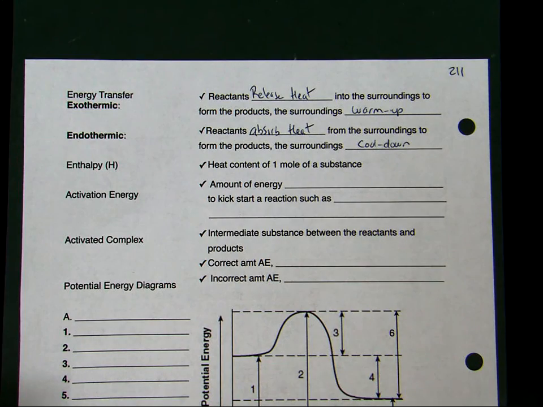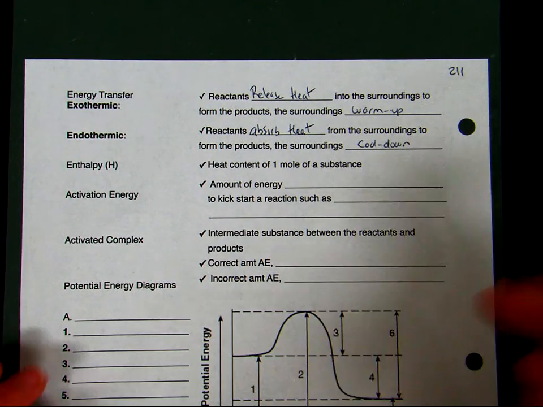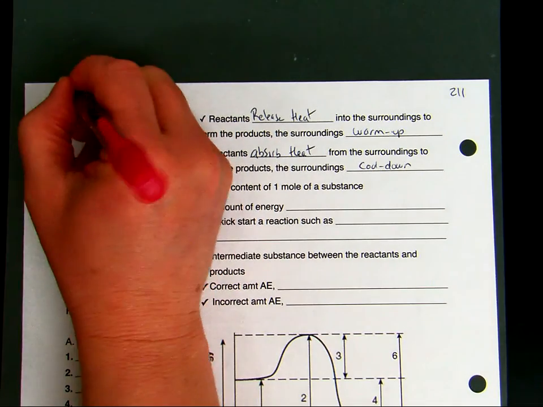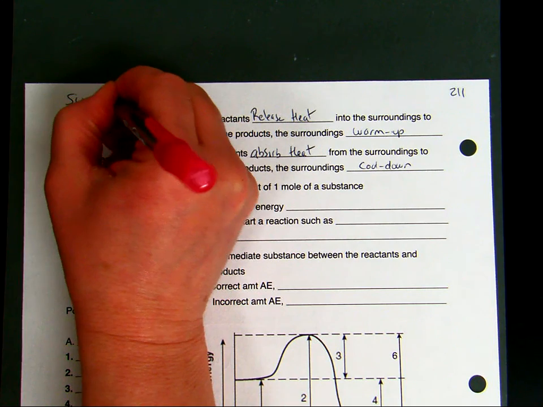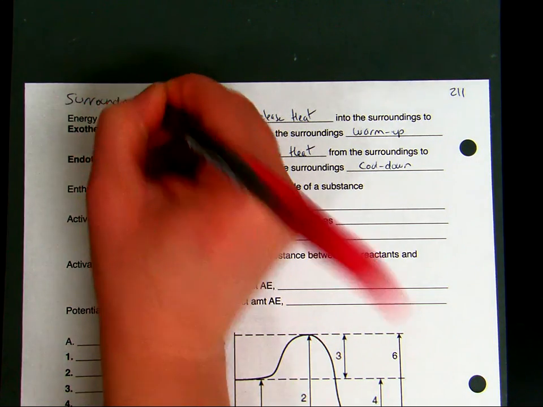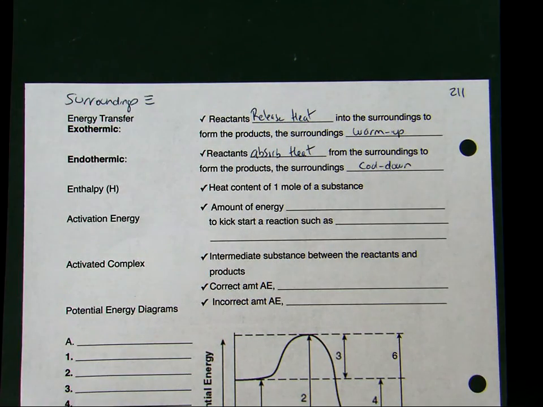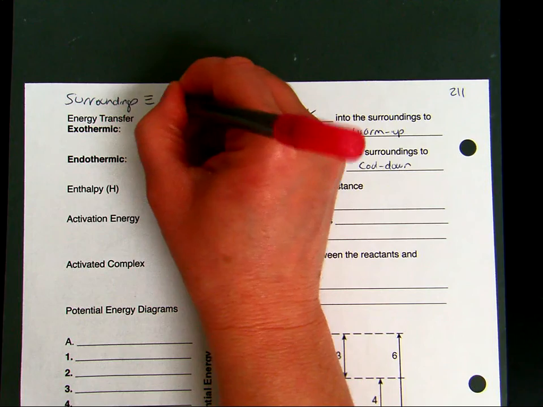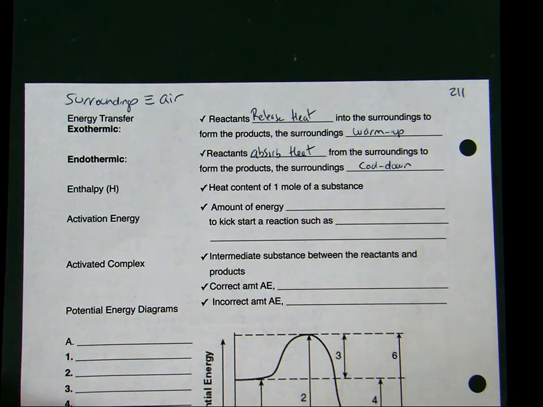Now, sometimes we get a little confused, like, what is the surroundings? So examples of the surroundings in chemistry class. Number one, a lot of times, the air in the room. Does the air temperature go up or go down based on a process?